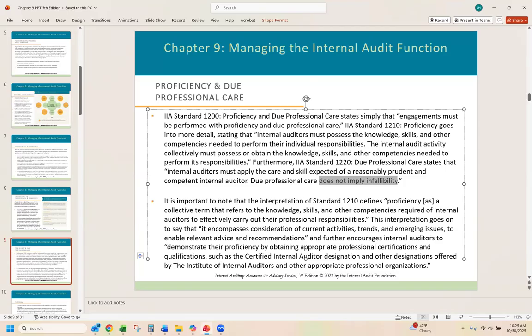Whenever I was reading this, it started me thinking about professional care: do internal audit groups ever get sued? Which in and of itself sounds kind of weird, but external auditors get sued, especially by shareholders. There's a shareholder suit where basically the shareholders can vote to sue the auditor.